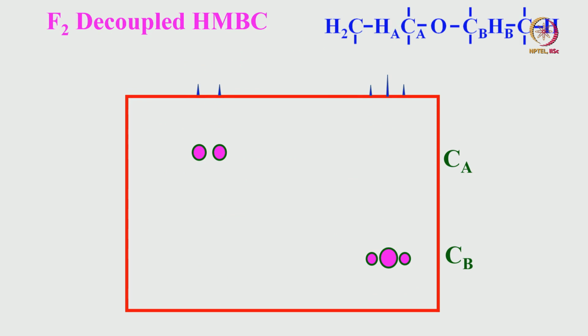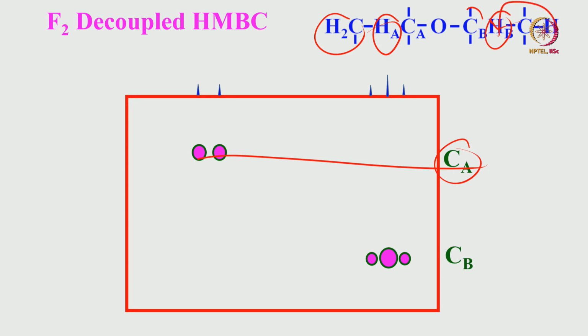If you do the decoupling of the same thing, what is going to happen? You remove the carbon-proton coupling, but the HH coupling is present. So at the Ca chemical shift, it is correlating to CB, I am sorry, HB, which is a doublet because of this. You are removing this coupling, but this is present.